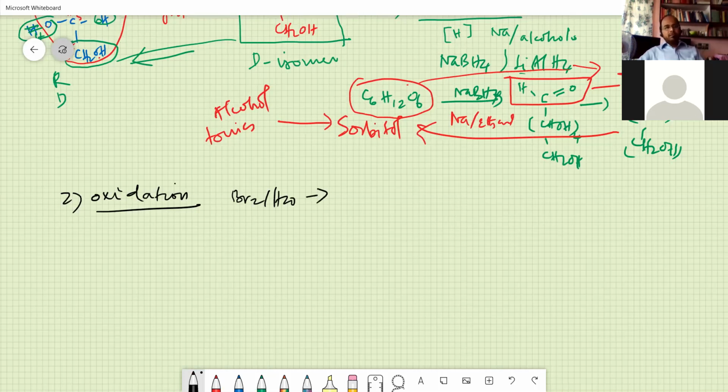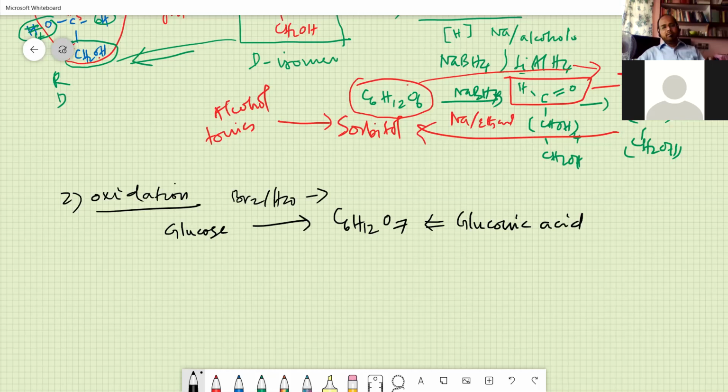If you use glucose treated with bromine water, you get gluconic acid with a molecular formula of C6H12O7. So this is the gluconic acid. So the first product we got is sorbitol. The second product we get is the gluconic acid.